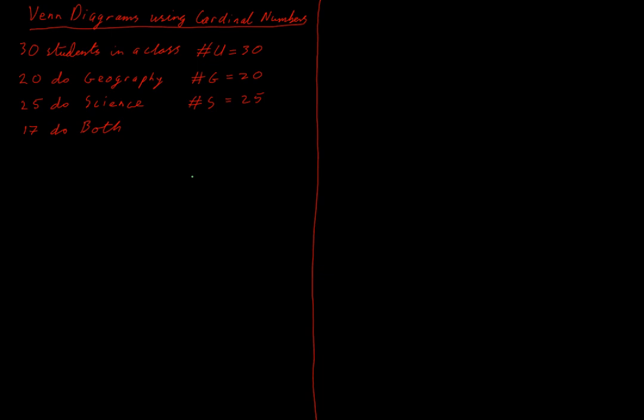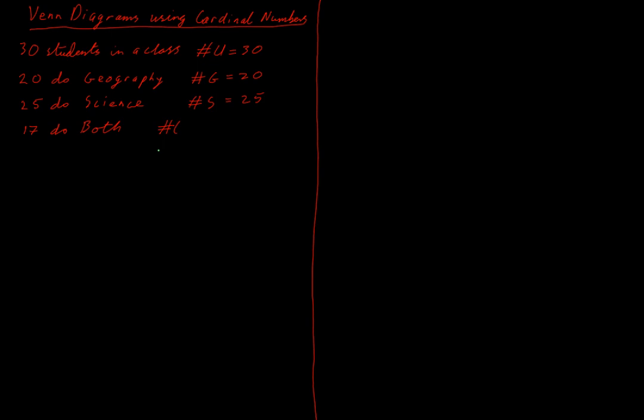What do we know in sets when we have elements that are in both one set and another set? We both do geography and science. What way of describing that do we know already in sets? Well, we're looking for a number of people, so it's definitely cardinal number. And then cardinal number of what?